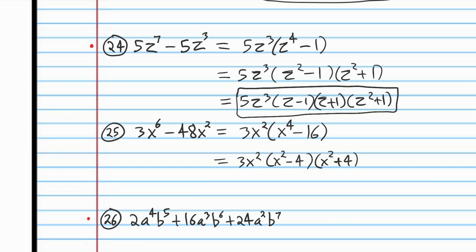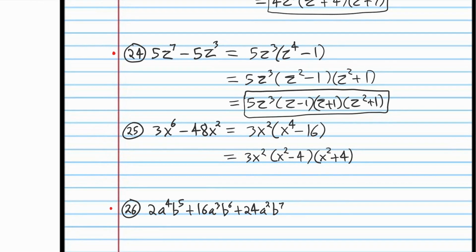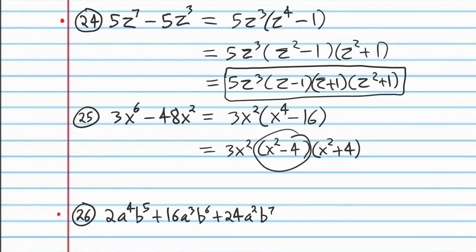And obviously that would be 4. And because it's the difference of two squares, we always put plus and minus. Now at this point, we have to keep going because this here is the difference of two squares. So that becomes x minus 2 and x plus 2.